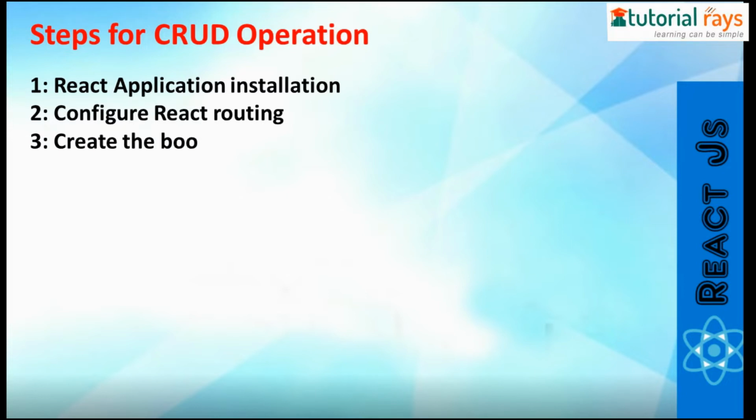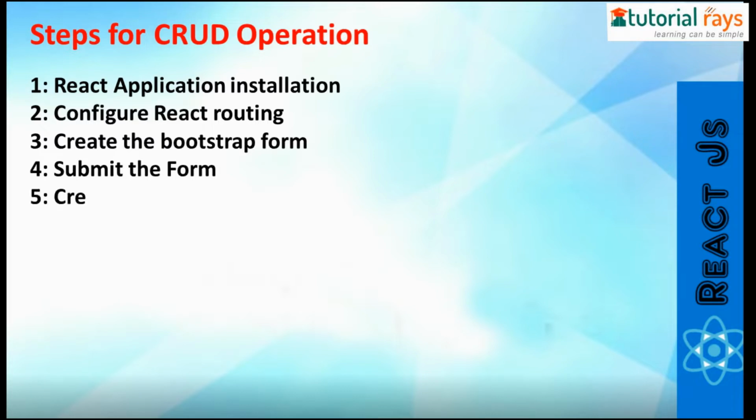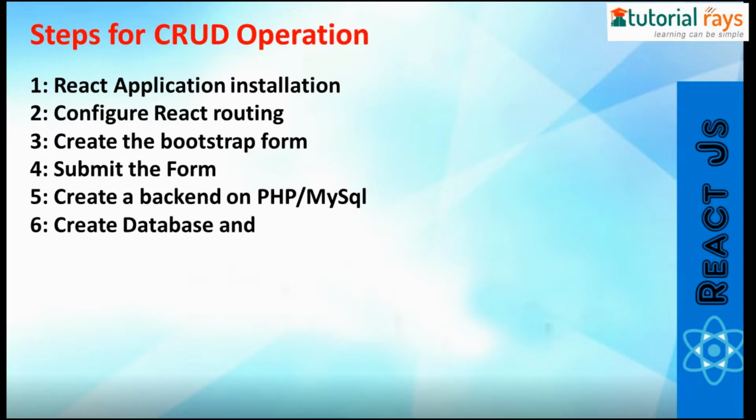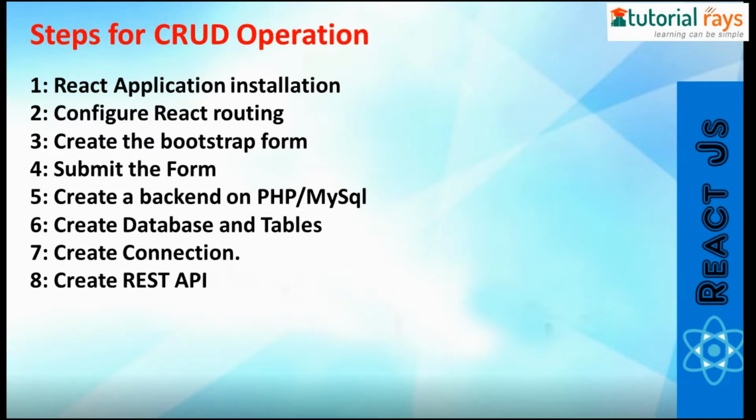The third one will be create the Bootstrap form. The fourth one will be submit the form. Fifth one, create backend on PHP MySql. Sixth one, create database and tables. Seventh one, create connection through PHP MySql. The eighth one will be create REST API.